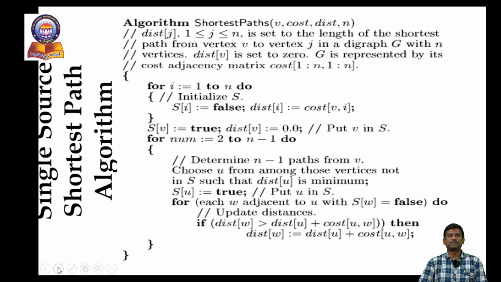So that is the purpose where the distance is being updated with the condition: if distance of W is greater than distance of U plus cost of U comma W, then update the distance with the statement distance of W equal to distance of U plus cost of U comma W.